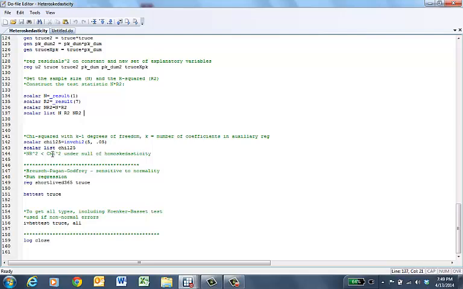You can also use this command to compute the White test as well, but now you've seen the actual form and how to do that. So you can follow this if you would like to actually construct each of these tests as well.